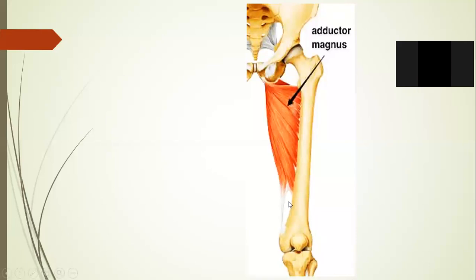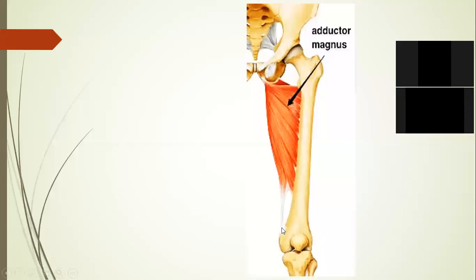And in this way, a large opening is formed in the adductor magnus muscle. See at the insertion, this is the termination of the insertion of the adductor part, and this is the termination of the insertion of the hamstring part, and between these two, a large opening is formed, called the adductor hiatus. Hiatus means opening.